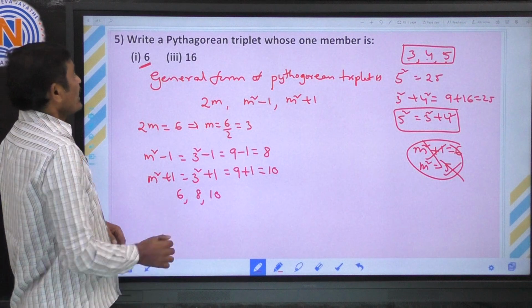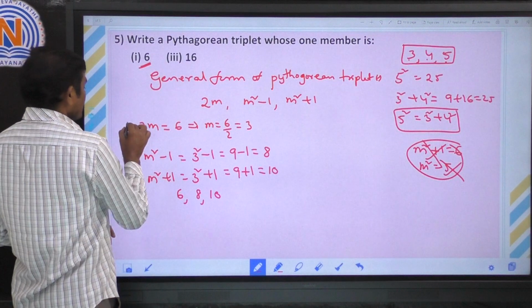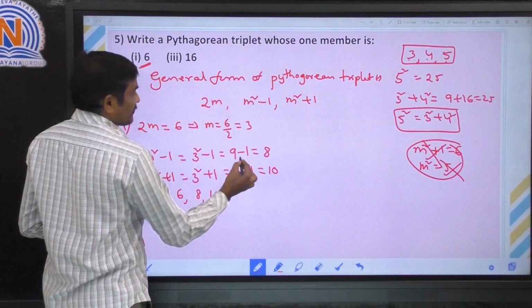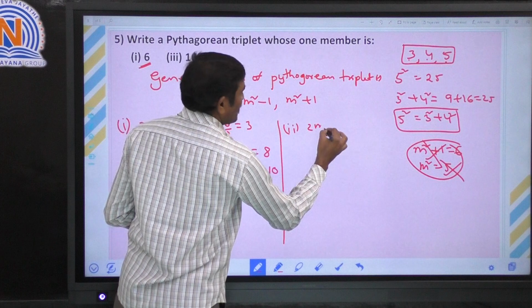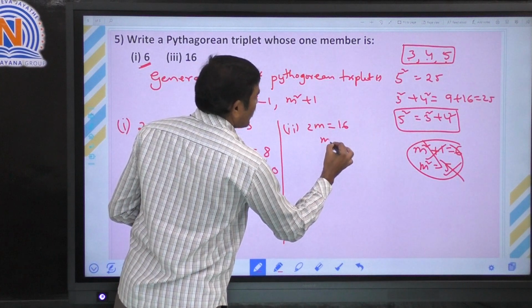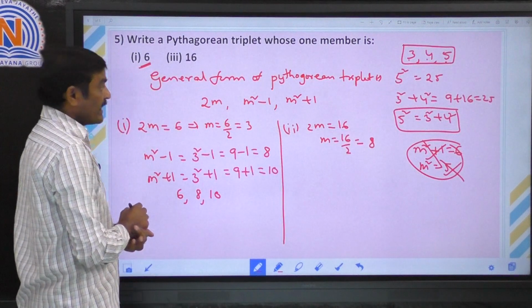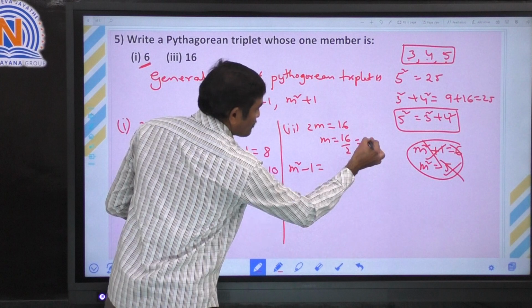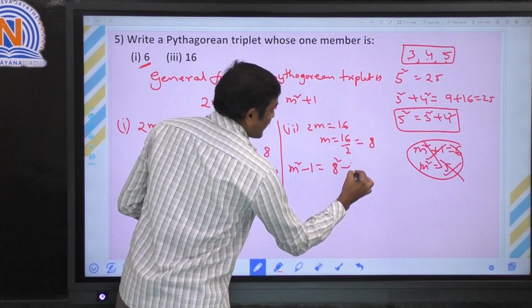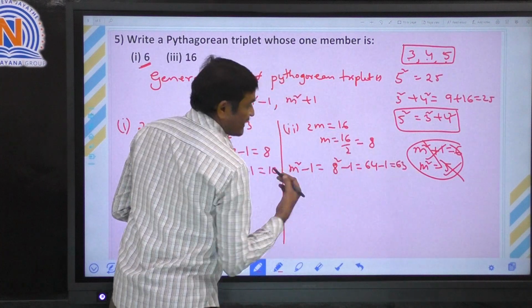In the same way, let us take the 16. Now coming to the second one, 16. 2m is equal to 16, then m is equal to 16 by 2, which is equal to 8. Now let us find m square minus 1. m is equal to 8, so 8 square minus 1, 64 minus 1 is equal to 63.